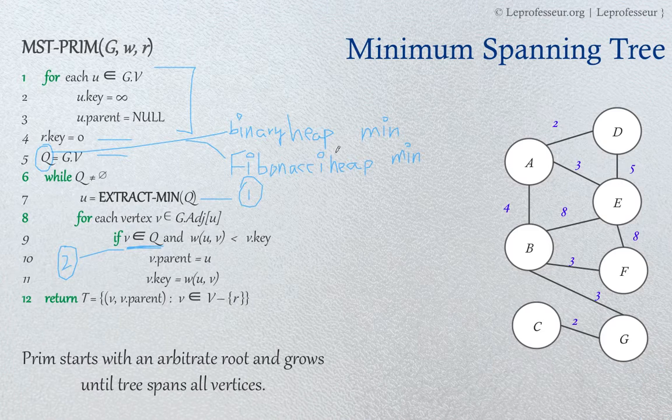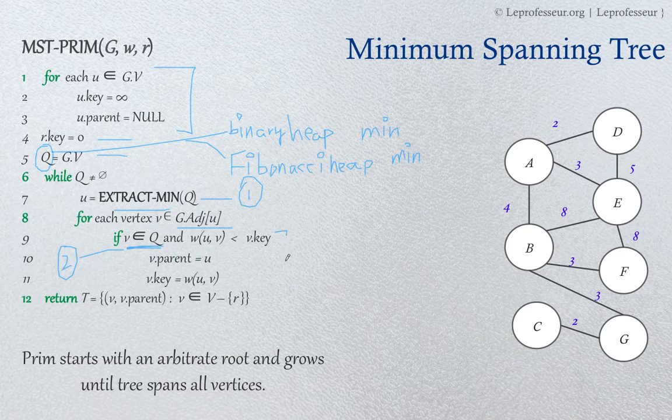All right. So the essential idea is that we put all the vertices from the original graph in a queue. Then we extract the minimum key value vertex from the queue and find all the adjacent vertices of that minimum key value vertex.